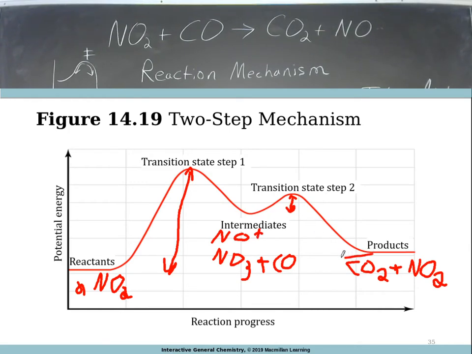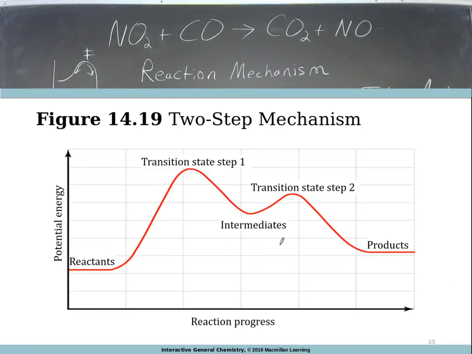And then if we could compare our product and reactant energy directly, then this here would be the delta H, or the enthalpy of the reaction. So it looks like we're looking at a slightly endothermic reaction with 2 steps, and the activation energy of that first step is larger than the activation energy of the second step.